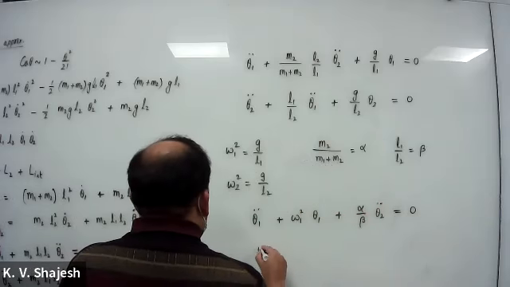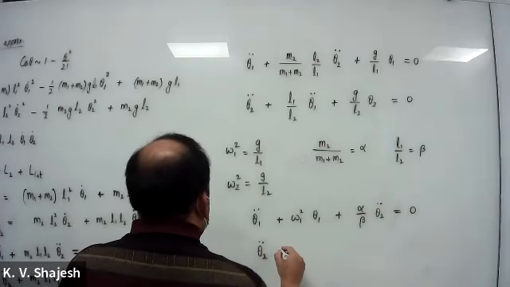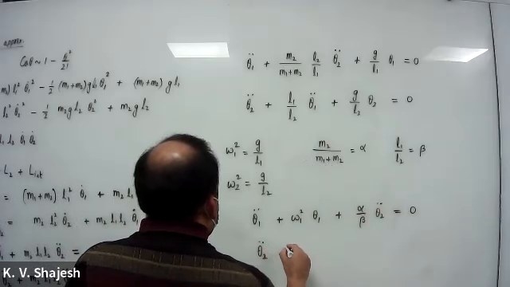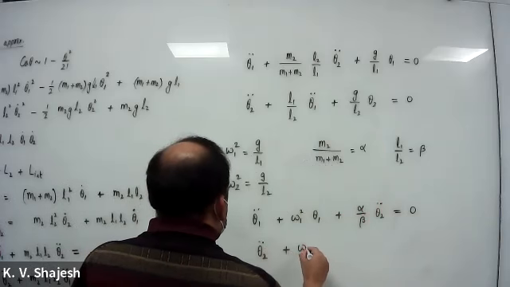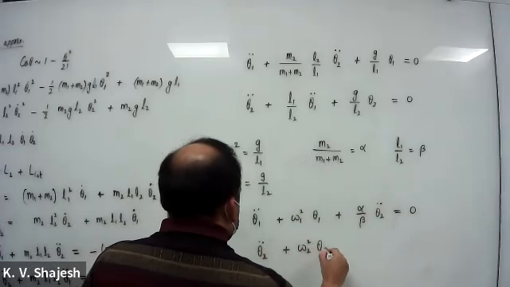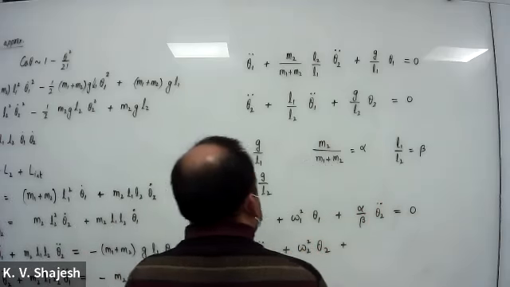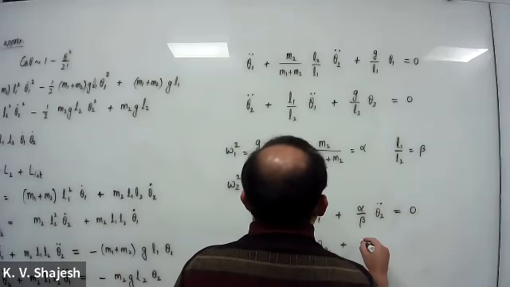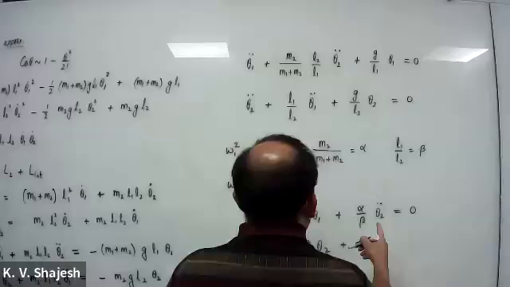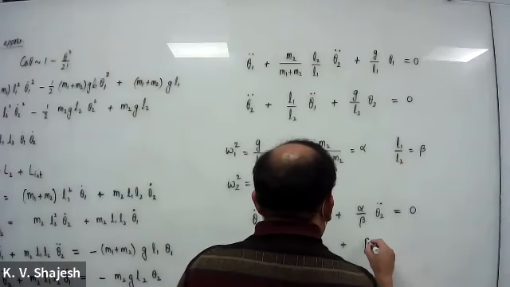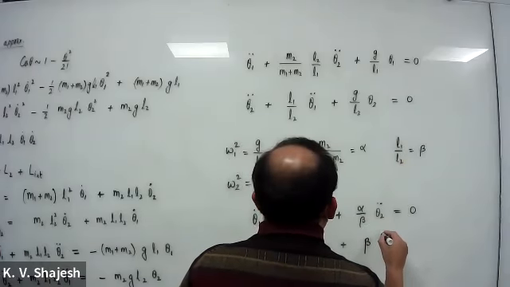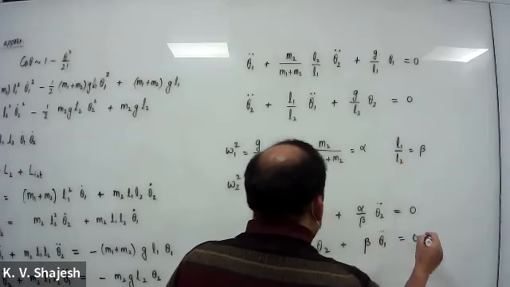Now the second equation is theta 2 double dot plus omega 2 square theta 2 plus L1 over L2, that's beta, times theta 1 double dot.